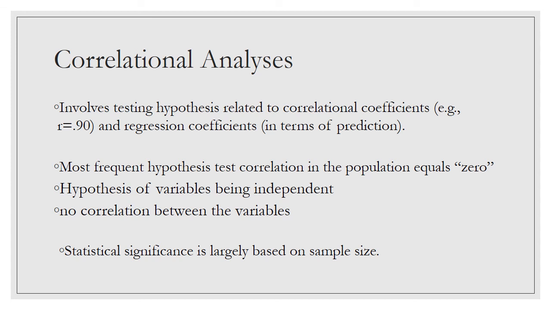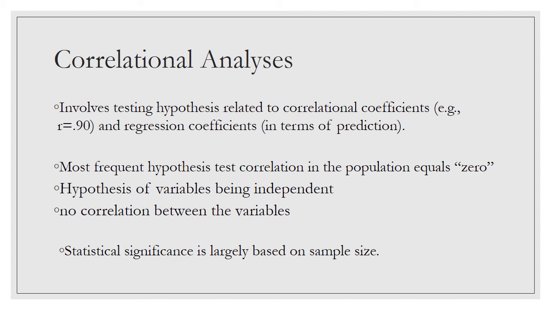A statistically significant value would say that our value is larger than what we would expect in the population, larger than 0. So when we calculate a correlation of 0.9 and we go to test that, we would say that 0.9, if it is significant, is different than 0. That's what we're saying when a correlation is significant.